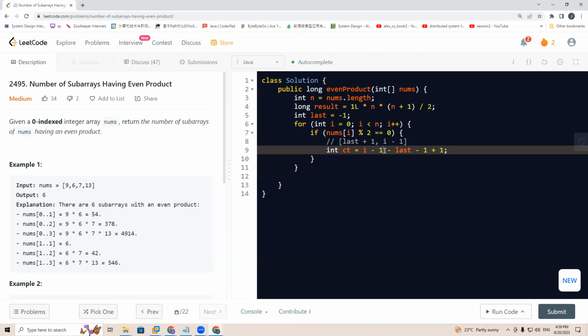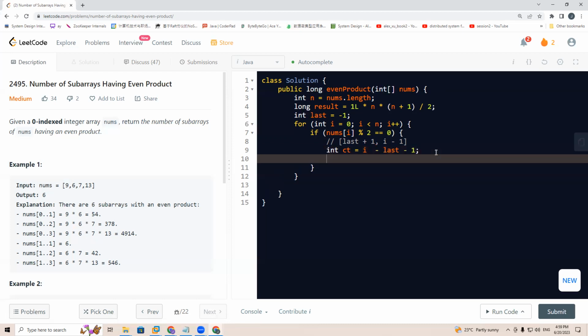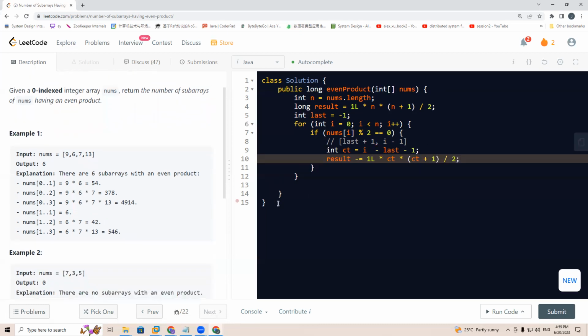So we just have result minus equal to 1L multiplied by count multiplied by count plus 1 divided by 2. In the end, the last, you see, the last is here, right?